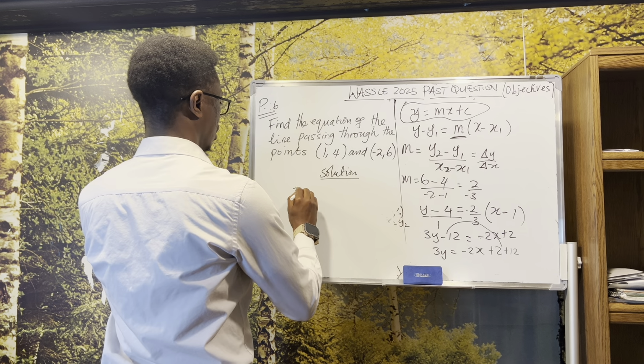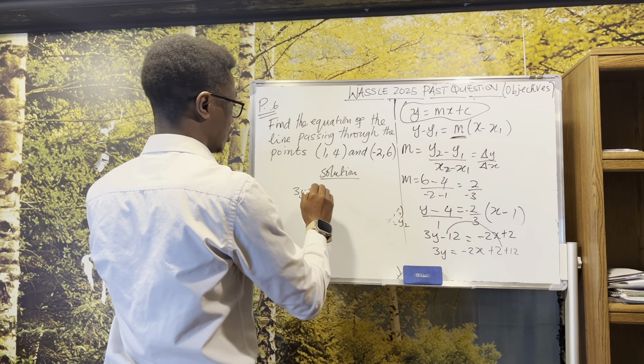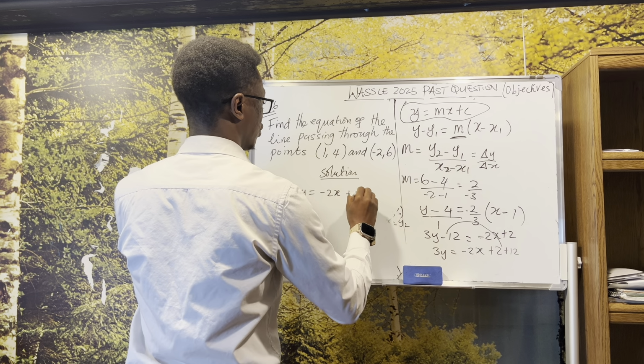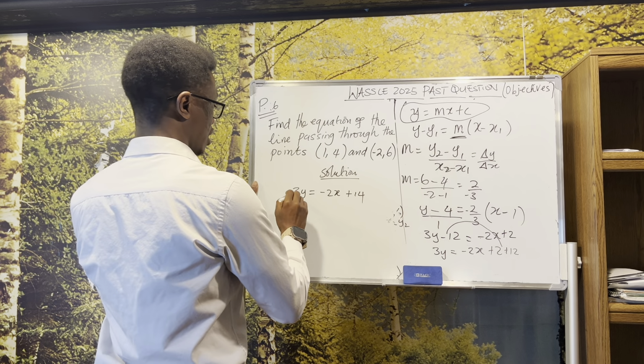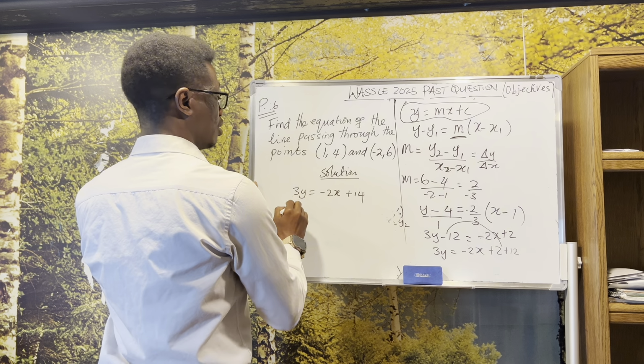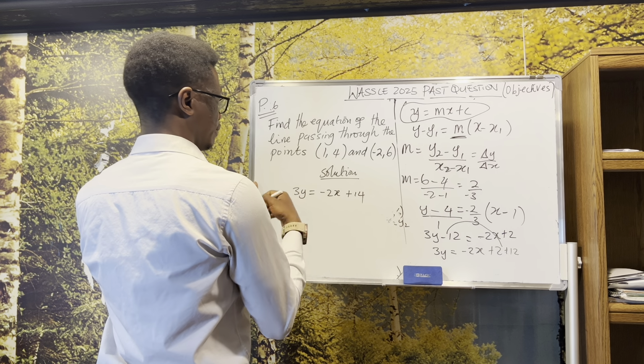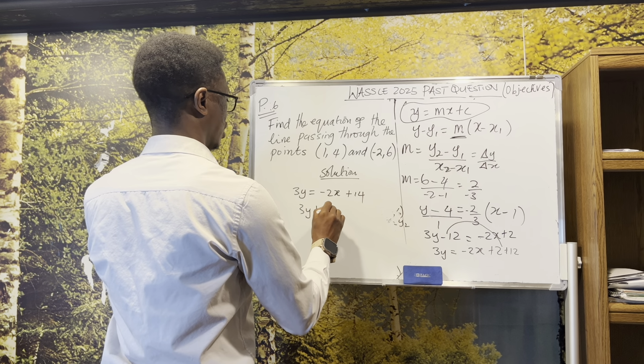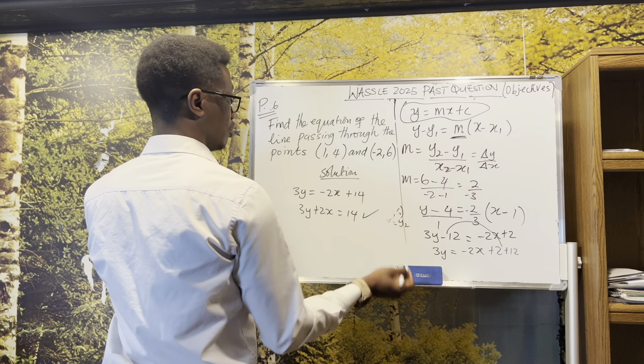This becomes 3y equals minus 2x plus 14. Basically you can write it as 3y plus 2x equals 14, which is correct.